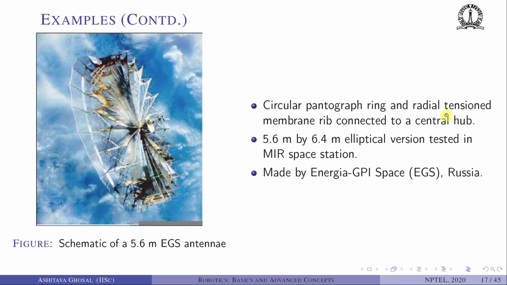This is done by all these ribs and radial tension ribs and so on. A 5.6 meter by 6.4 meter elliptic version of this antenna was tested in the Mir space station. This is made by a Russian company.